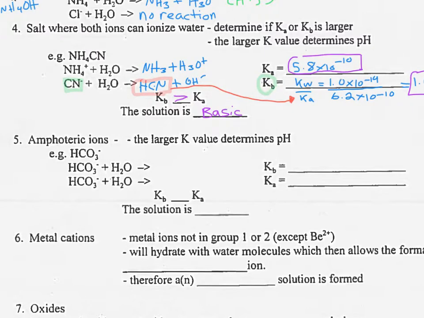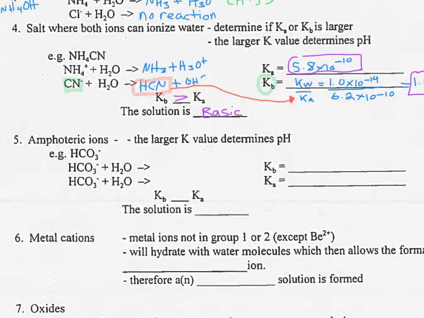So these are ones that can behave like an acid and donate a proton, or behave like a base and steal the proton. So again, we have to compare the K values. So we're going to look at our ion behaving like an acid first, because it's a little more straightforward.